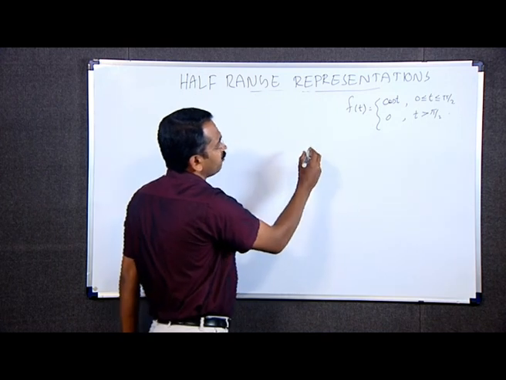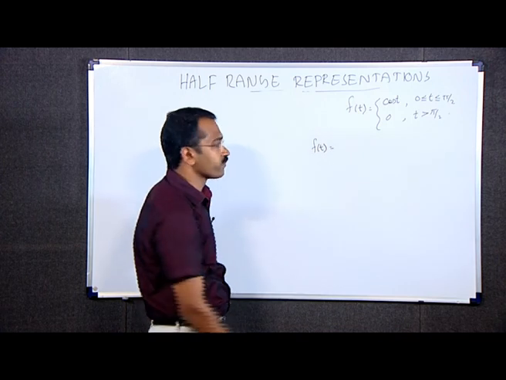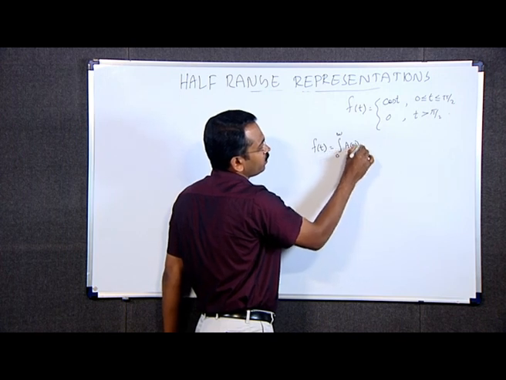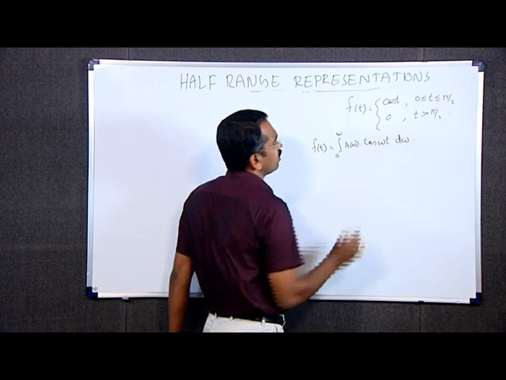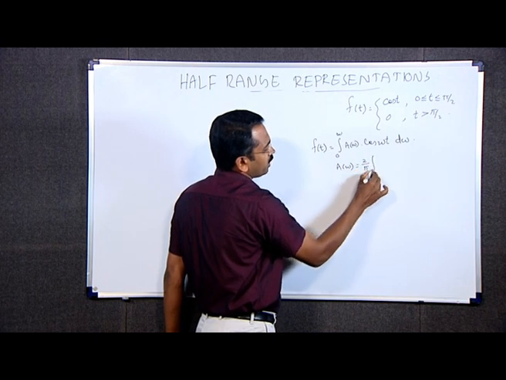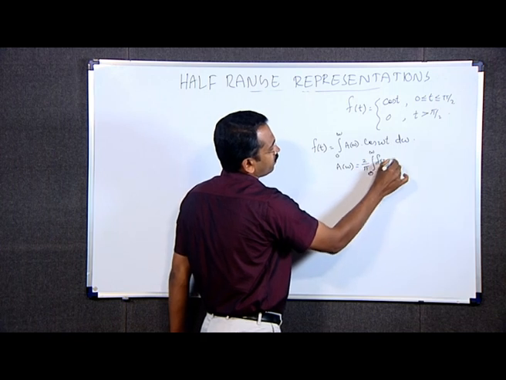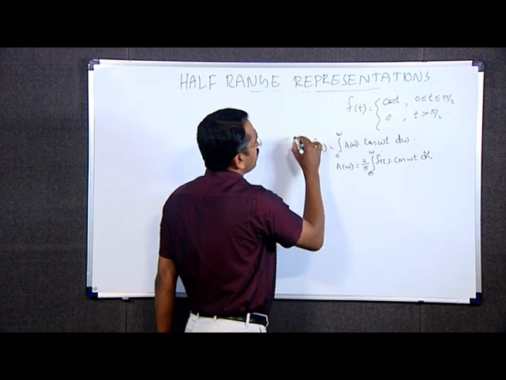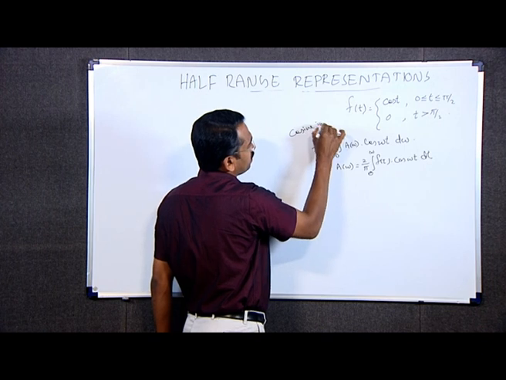We have the Fourier cosine integral representation: f of t is equal to integral from 0 to infinity a omega into cos omega t d omega, where a omega is given by 2 by pi into integral from 0 to infinity f of t into cos omega t dt. This is the Fourier cosine integral representation.